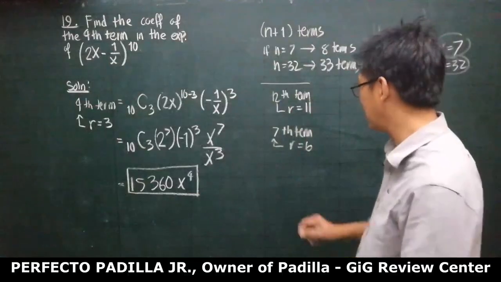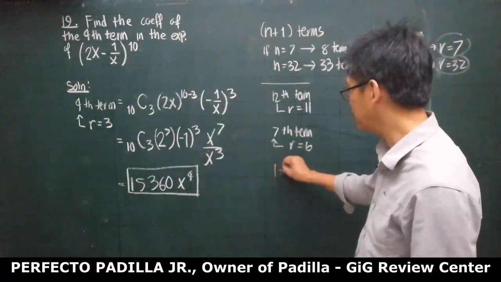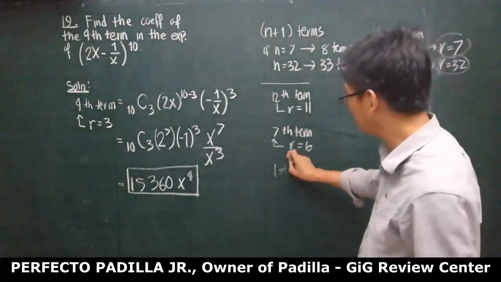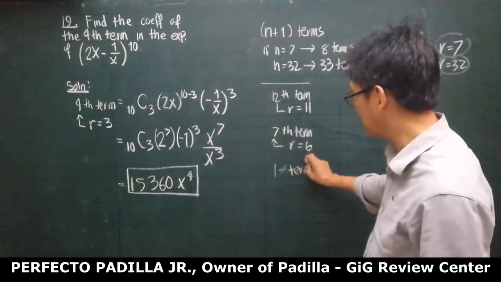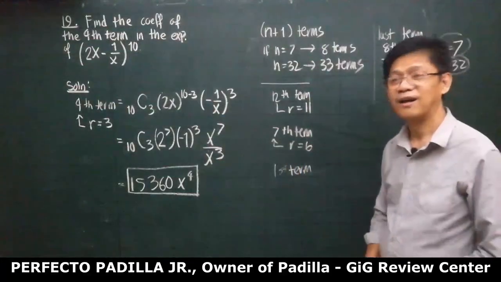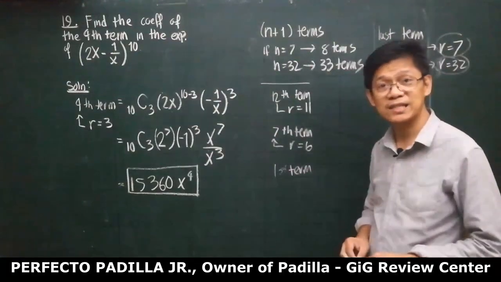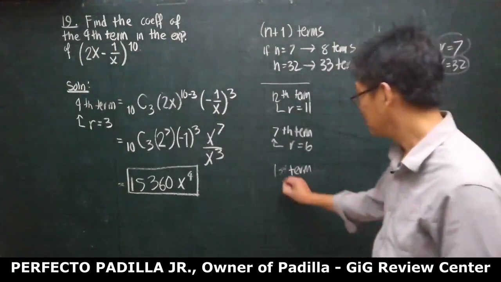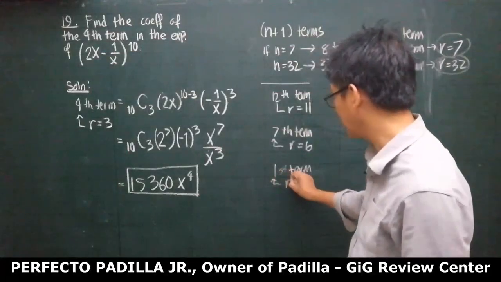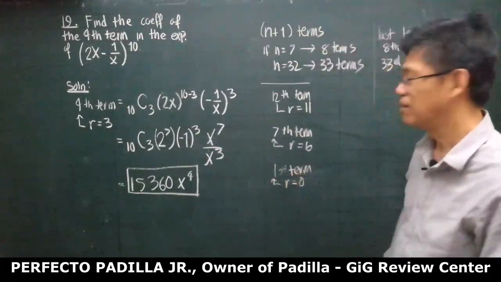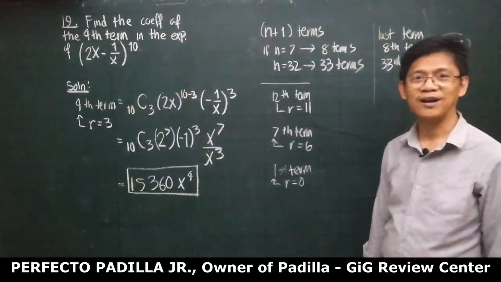Eh kung ang hinahanap mo ay first term. Kung ang hinahanap mo ay first term, then what is your R? Mas mababa dito ng isa. And what is that? R is 0. Right? So for this one, R is 0. Kuha? Kuha. Okay, sige, kopya.